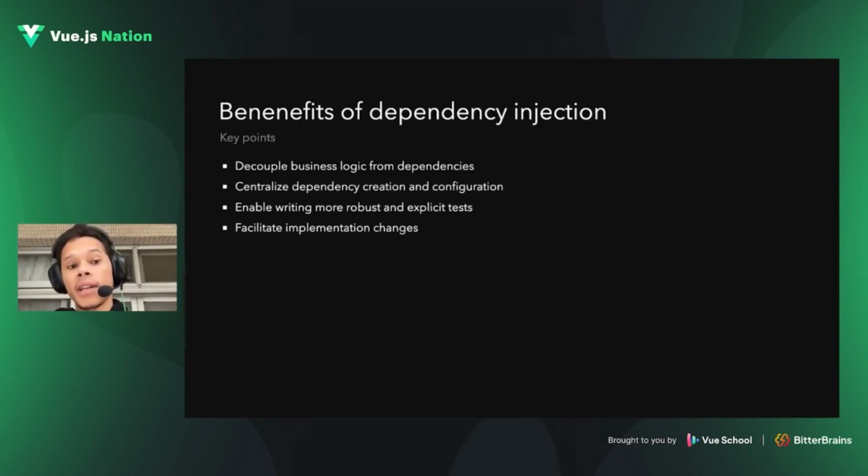And this enabled us to write more robust and explicit tests because now there's a single place to manage the dependency, a single place to override it. And this in turn facilitated implementation changes. Basically, to summarize, dependency injection allows for a more flexible architecture, and this enables easier evolution and more leverage for your tests.